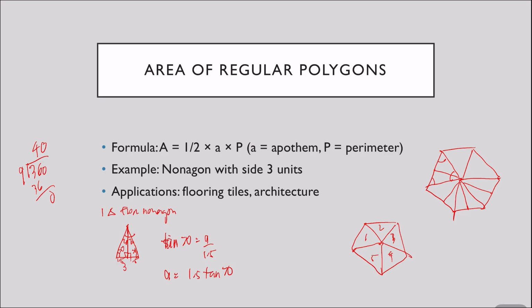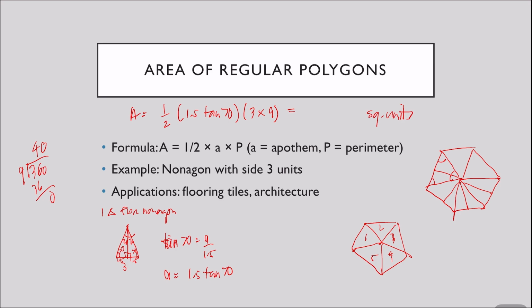So ayun nga, once you have your apothem, you multiply it with the perimeter, 3 times 9, 27, times 1 half. So the area would be 1 half times the apothem 1.5 tangent 70 times the perimeter, which is 3 times 9 kasi nga nonagon. Then you have your area in square units.